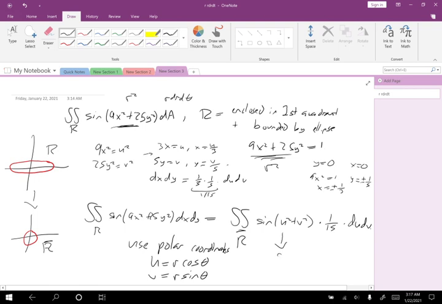And what you eventually get is sine of r squared times 1/15 times r dr d theta, and r times sine of r squared, that's good. Right, because this is just negative d/dr of cosine of r squared, and I think there's a 1/2 somewhere. So then you can just integrate that thing.